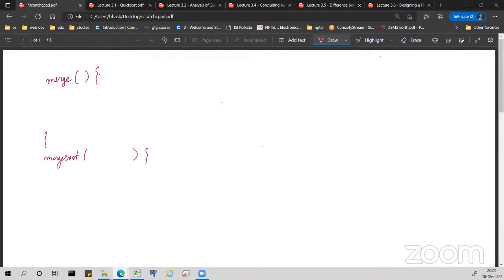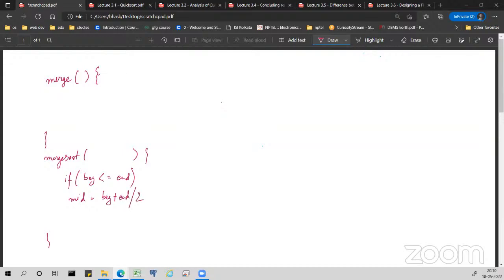So let's take this, the body of the merge sort algorithm. Here you would write if beginning is less than or equal to end, what you do is calculate mid equal to (beginning plus end) by 2.